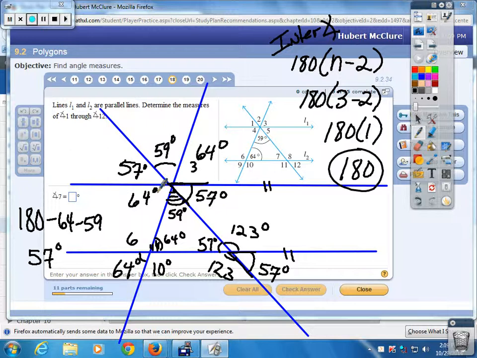And then 64 from 180 is what? 116? I'm asking y'all. 116, yeah. So that's 116 here, and 116 here, and you're done. So this is just like a big what? Big puzzle. You put the pieces together.